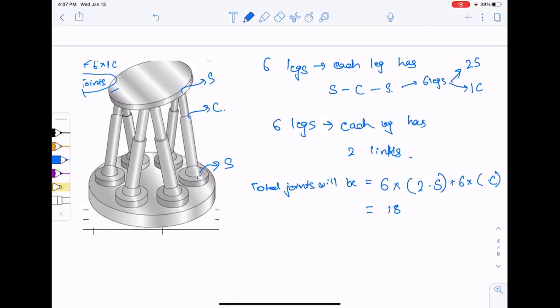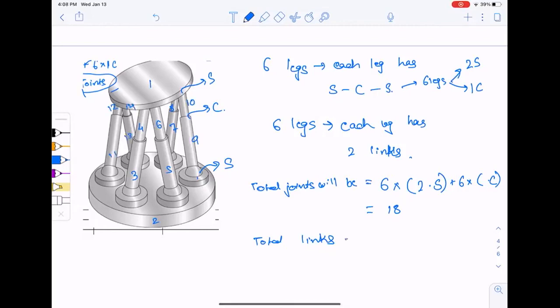Now total links. So total links can be marked over here. 1, that is the platform. 2 is the ground. 3, 4, 5, 6, 7, 8, 9, 10, 11, 12, 13, and 14.